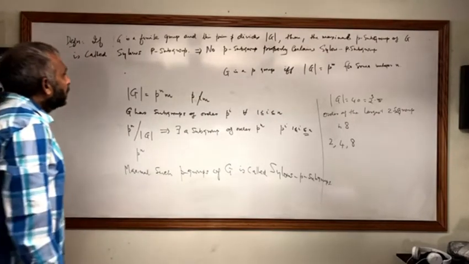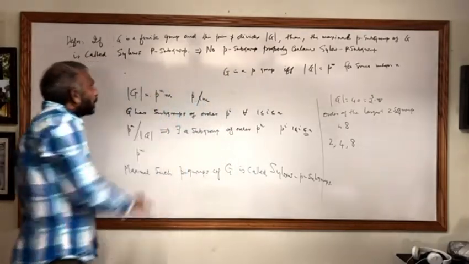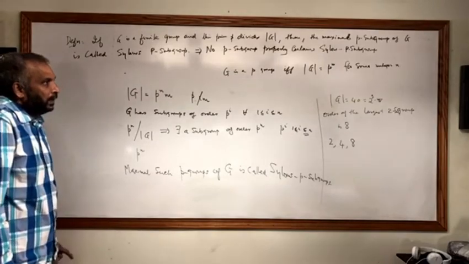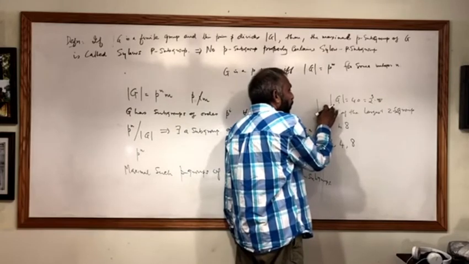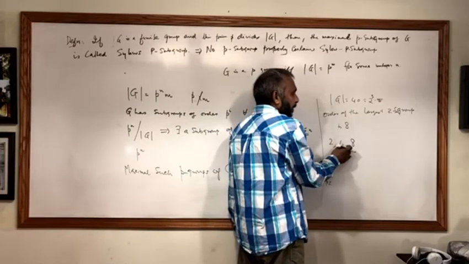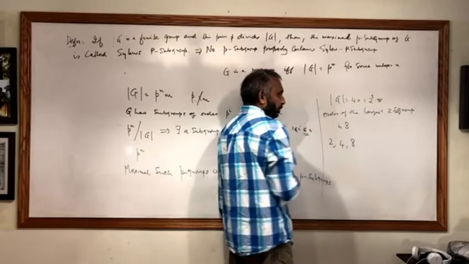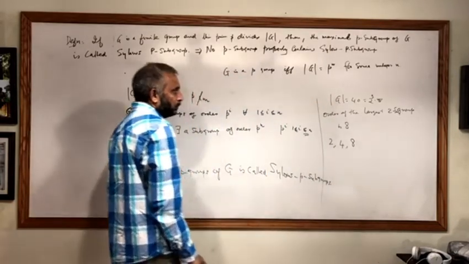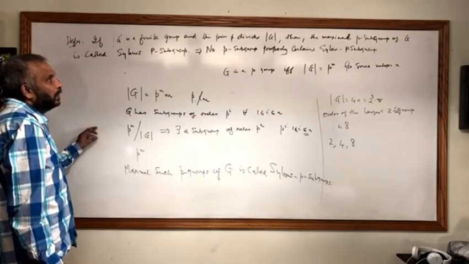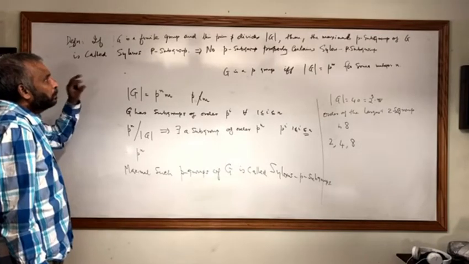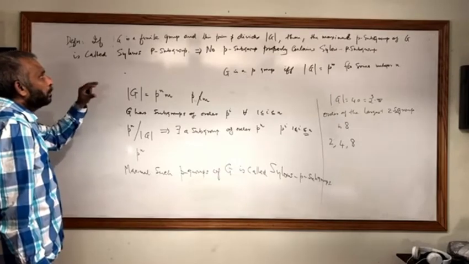But these Sylow's p subgroups are not unique, meaning there can be more than one subgroup of order 8 of a group of order 40. So the second Sylow's theorem gives a nice relationship between the Sylow's p subgroups.